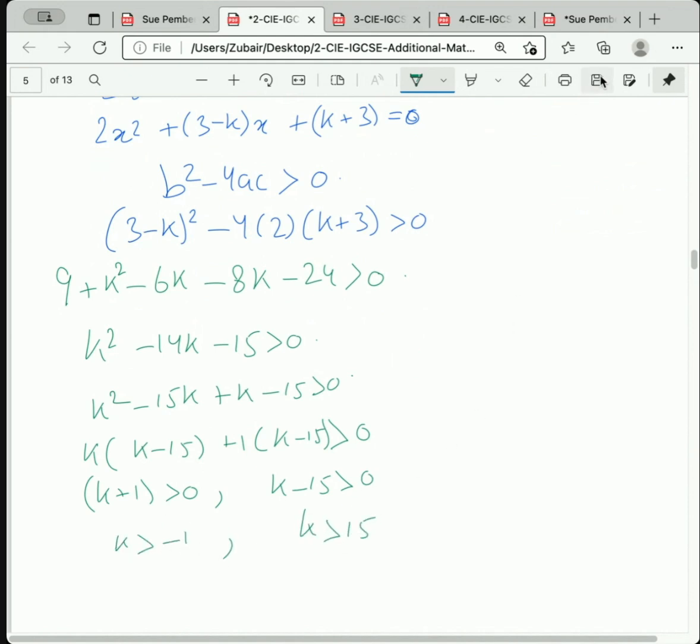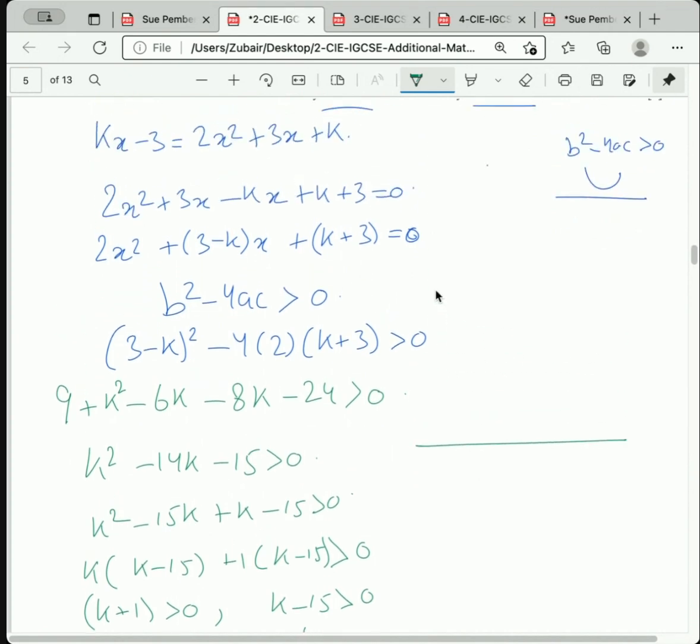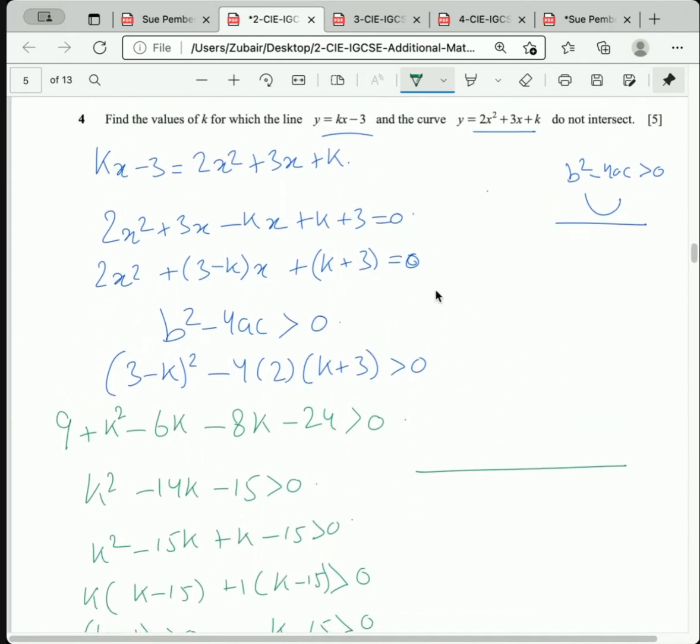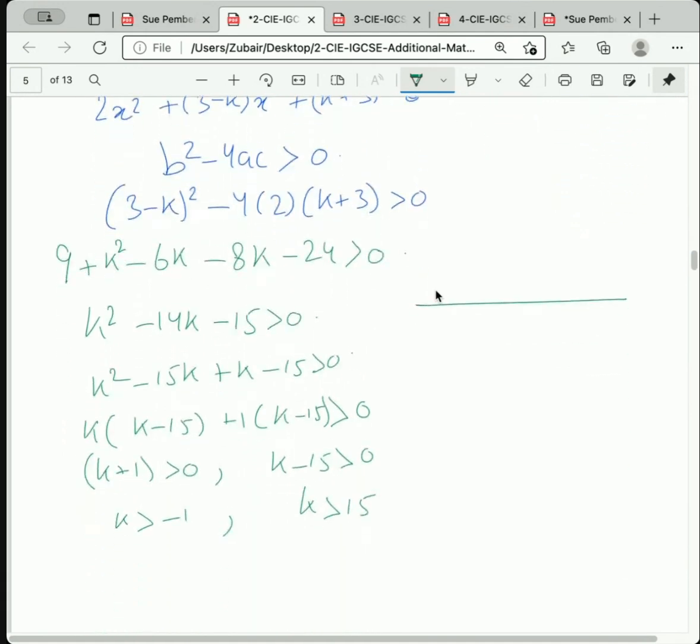We need to check. So I'm checking it from this simplified form. Coefficient of x squared is positive.